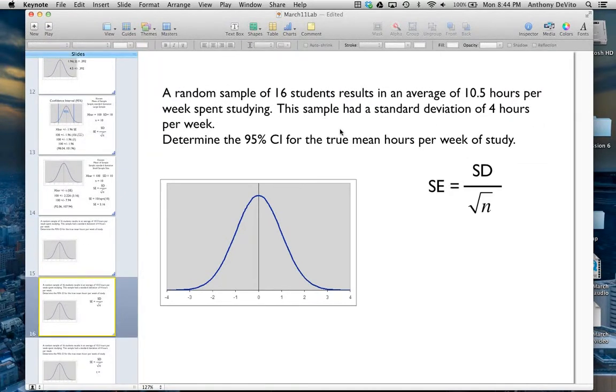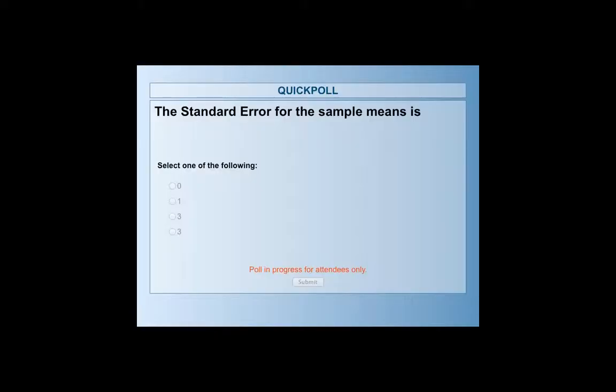First of all, let's calculate the standard error for this sample. Standard error is going to be equal to, and I'll launch it. You guys tell me what you would say the standard error is. We got a little bit of a disagreement there.